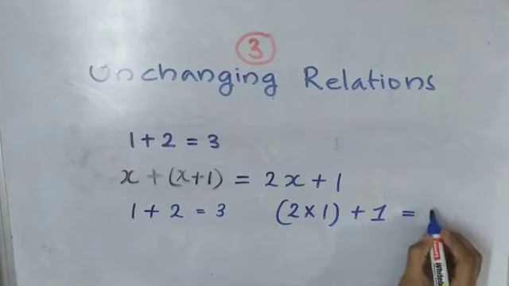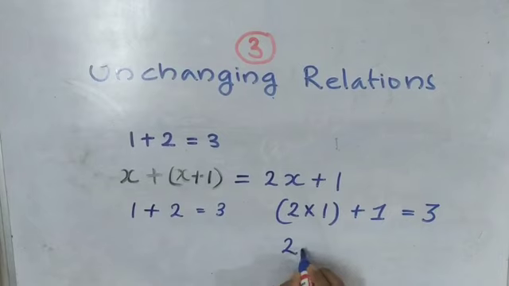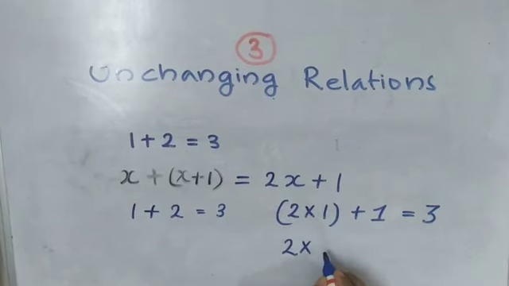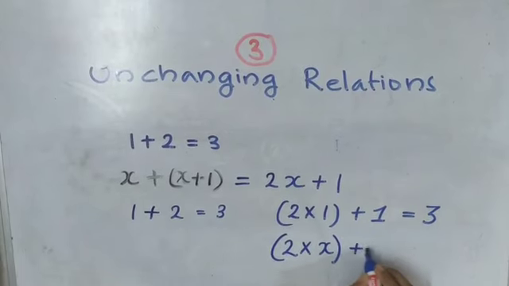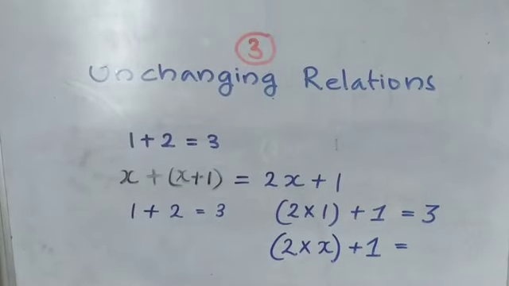So 2 plus 1, again this is 3. Now we are going to write this using letters. So double the natural number, that is x. Instead of 1 we are taking x, plus 1.